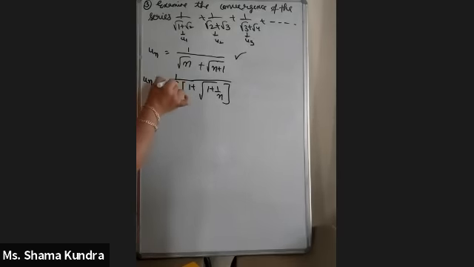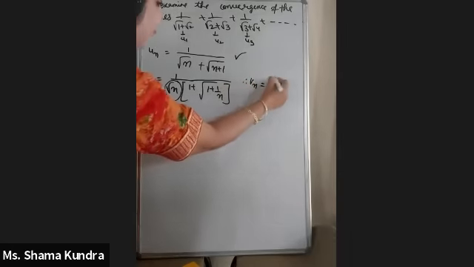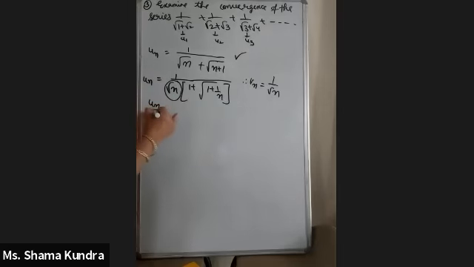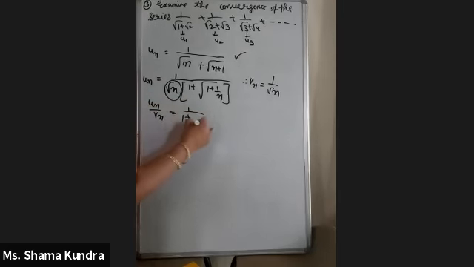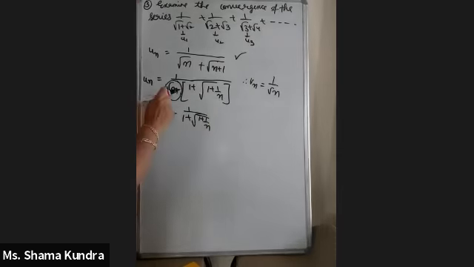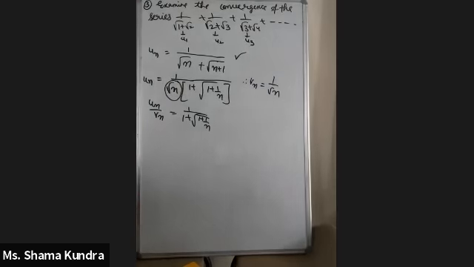Whatever higher power of n is taken common, we take that term as Vn. Therefore, Vn will be 1 over under root n. Next step is to find un over Vn. It will be 1 over 1 plus under root of 1 plus 1 by n, as 1 over under root n gets cancelled out from numerator and denominator.